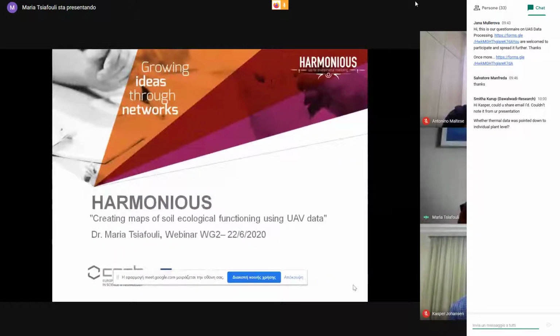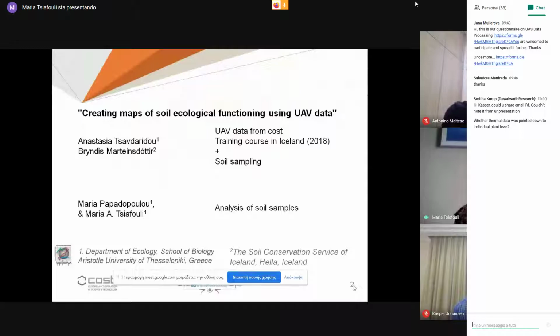Okay, so hi everybody, I hope you're okay. Before I start with the results, this is an ongoing study. It's about using UAV data and getting smarter about soil ecological functioning. This collaboration has started within the KAUST action.